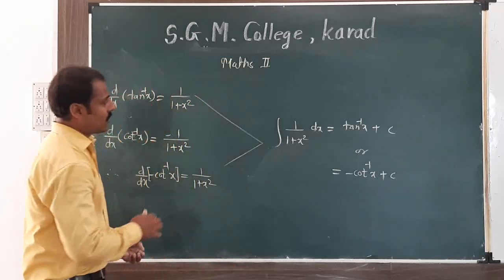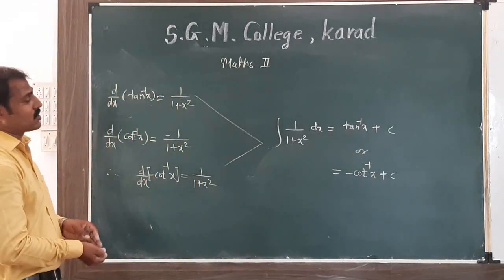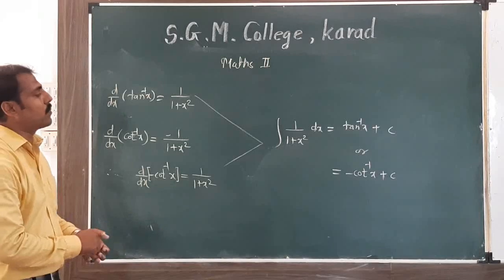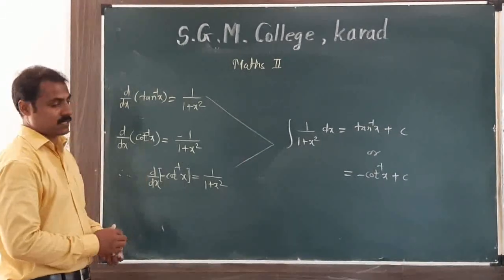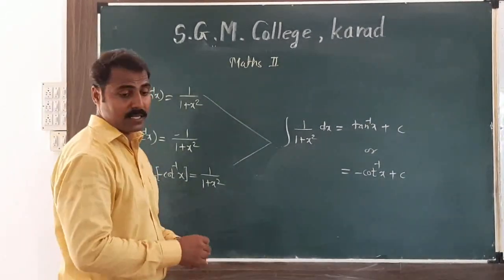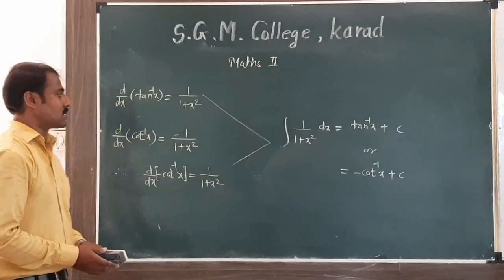This is the formula for integration of 1 upon 1 plus x square with respect to x: tan inverse x plus c or minus cot inverse x plus c.